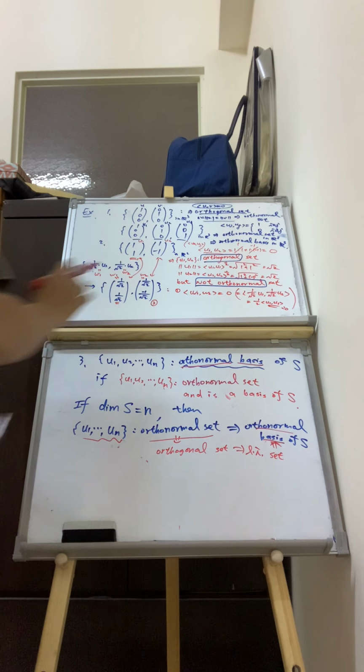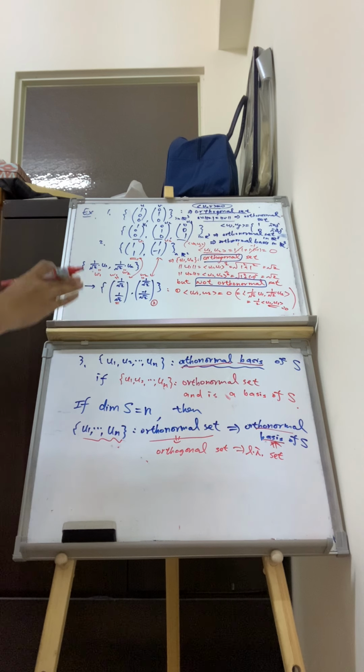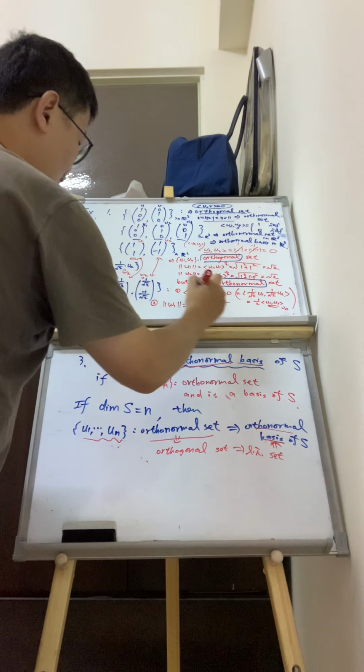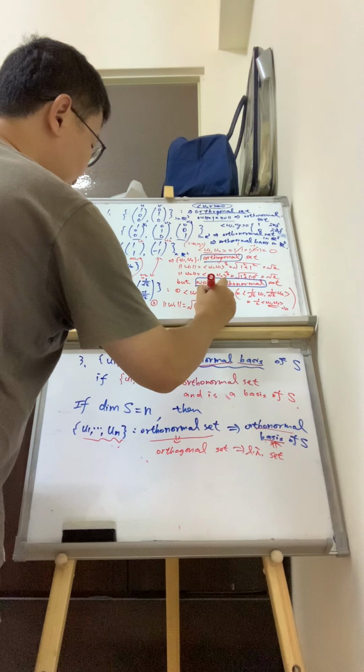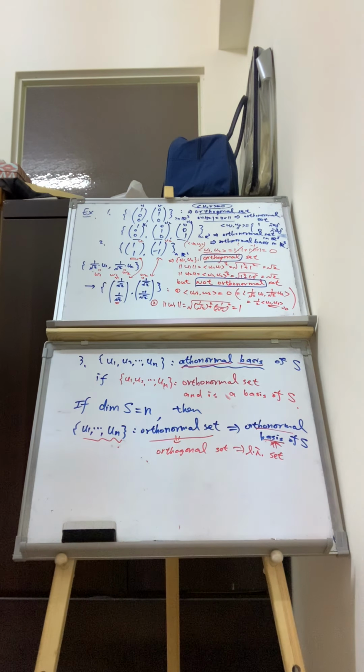To know whether it's an orthonormal set, we should check whether they are unit vectors. The length of w1 is the square root of 1 over square root of 2 squared plus 1 over square root of 2 squared, so indeed it's 1.